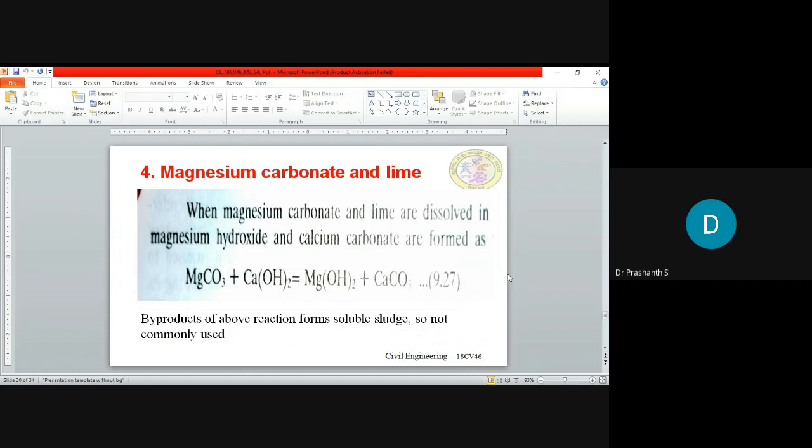This magnesium hydroxide is a precipitate. It is going to attract the finer particles, so it will fall down. If you remove Mg(OH)2, that means you are removing the colloidal particles from the water. Byproducts of the above reaction form a soluble sludge, so it is not commonly used.